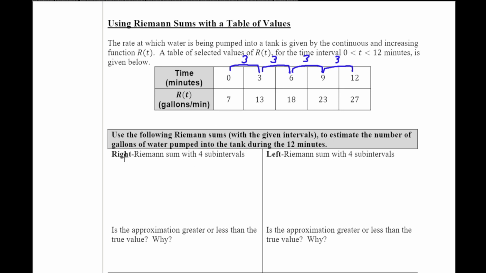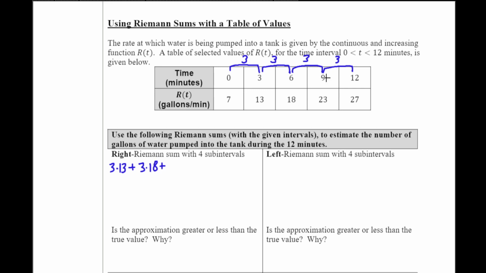So if we're doing the right Riemann sum, you can take our first rectangle from 0 to 3. The width is 3, and you take the right endpoint, which is 13, so 3 times 13. Plus, the second rectangle is from 3 to 6, this one right here. The width is 3, the height is 18, so plus 3 times 18.